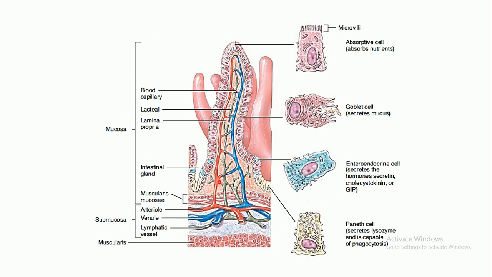And this is the lamina propria, which is extending into this villi, and as you can see, the blood vessels and the lymphatic vessels are entering through this lamina propria. And the third layer is the muscularis mucosa.